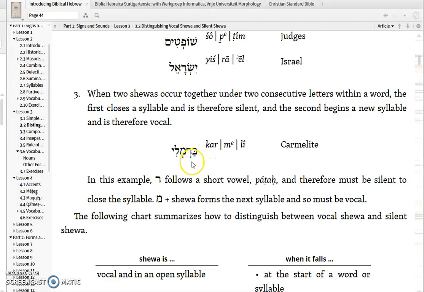And so that's a closed syllable. But then you're starting a new syllable, you draw a line there if you're doing syllable divisions. But that means the second schwa is going to be vocalized. So that would have a little m and then li. Carmeli, Carmelite. Someone from Carmel.